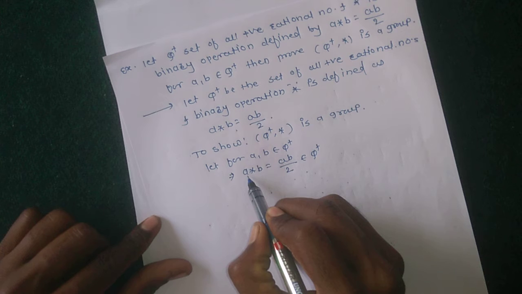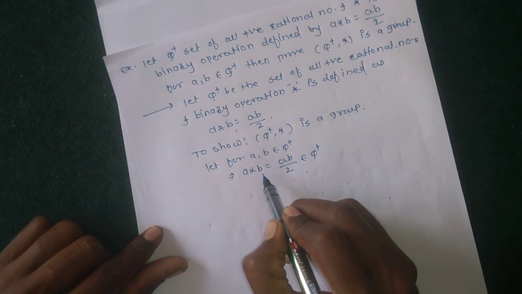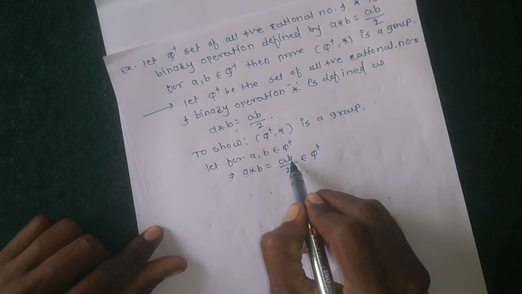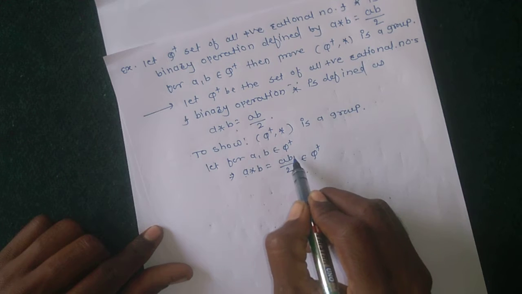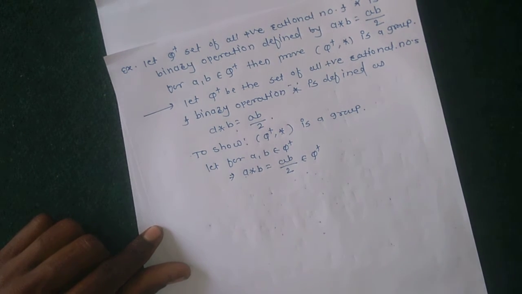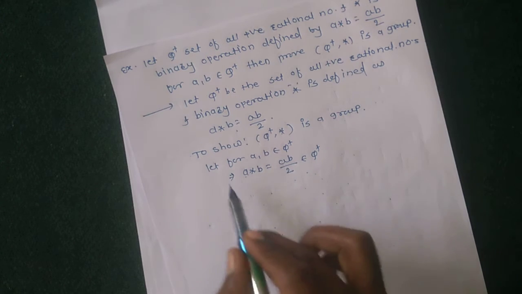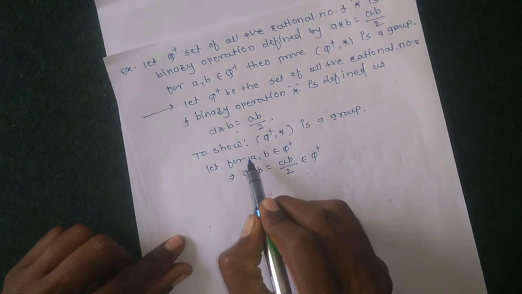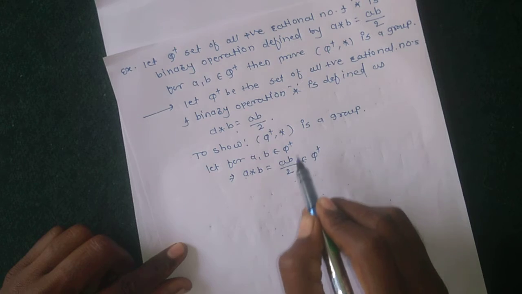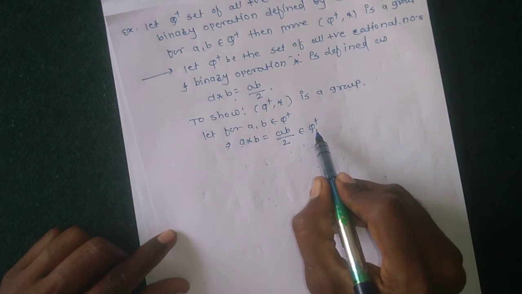So when the binary operation is applied on elements a, b of Q plus, the value is a positive rational number.